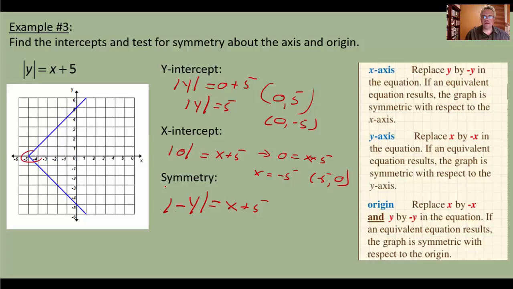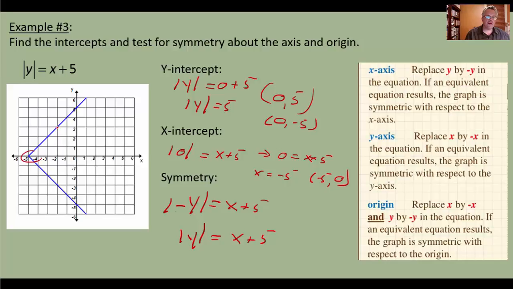But the absolute value of minus y is just the same as absolute value of y. That negative is not going to matter when I take the absolute value. It's kind of like when you square a negative. It doesn't matter. So this is equal to x plus 5, which is the same equation I started with. So it has symmetry with respect to the x-axis.